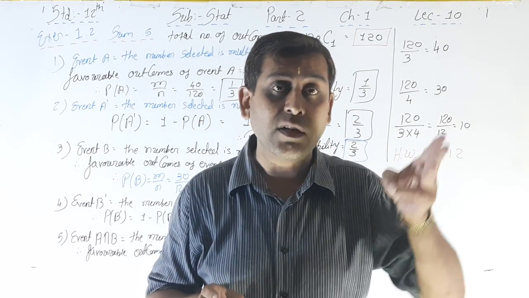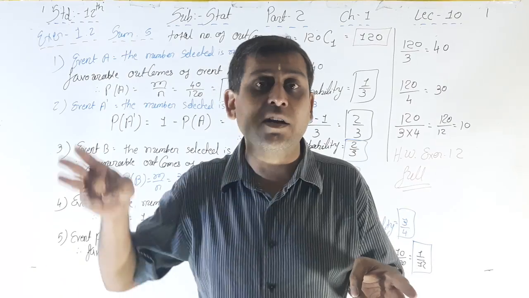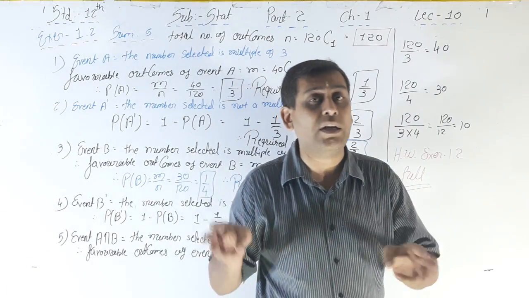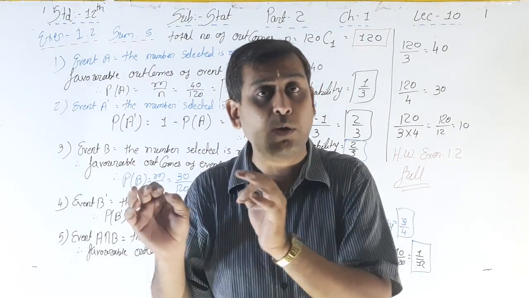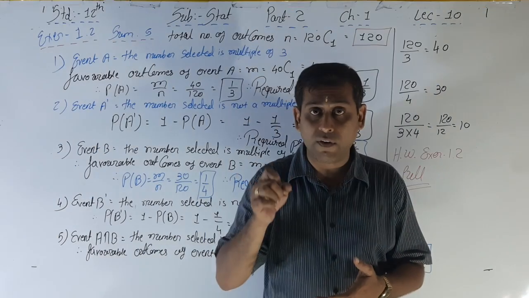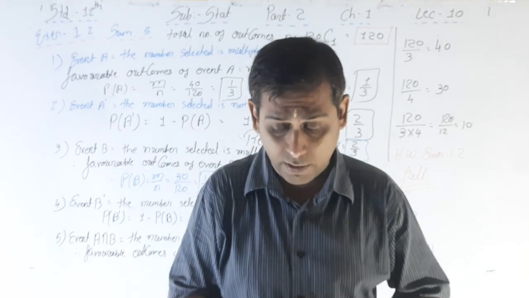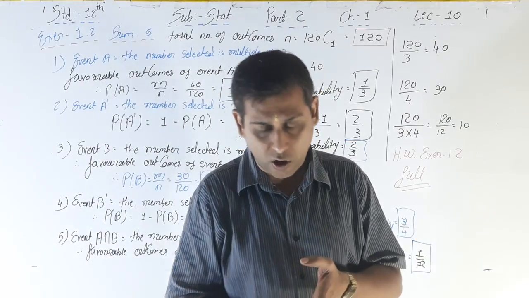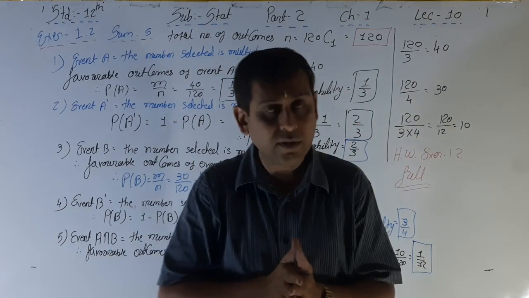For the 3 vowels in 3 places and the 3 remaining letters in 3 places, 3P3 into 3P3, that is 3 factorial into 3 factorial, that is 6 into 6, that is 36. So 36 divided by 720, that is 1 by 20, is the answer of question number 7.